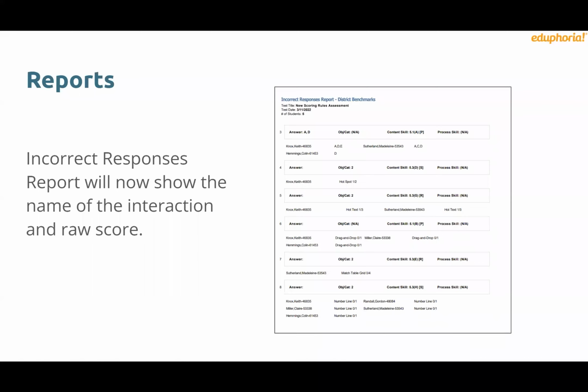If some students are commonly missing drag and drop, is there something we need to do to help them access this question type? Do we need to present the information in a new way so they can demonstrate their understanding in an alternate setting, meaning a different item type? This gives you really valuable information to further your data analysis and support your students in a small group setting or even one-on-one as needed.